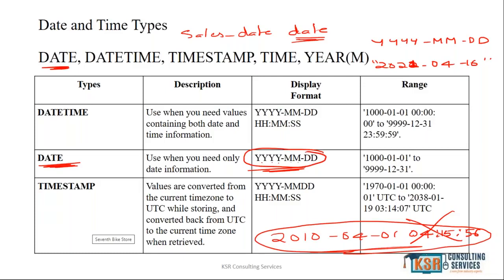So along with the date, at what time you booked the ticket also you will be getting, and that data type is called date and time. This was the first one, this was the second one.